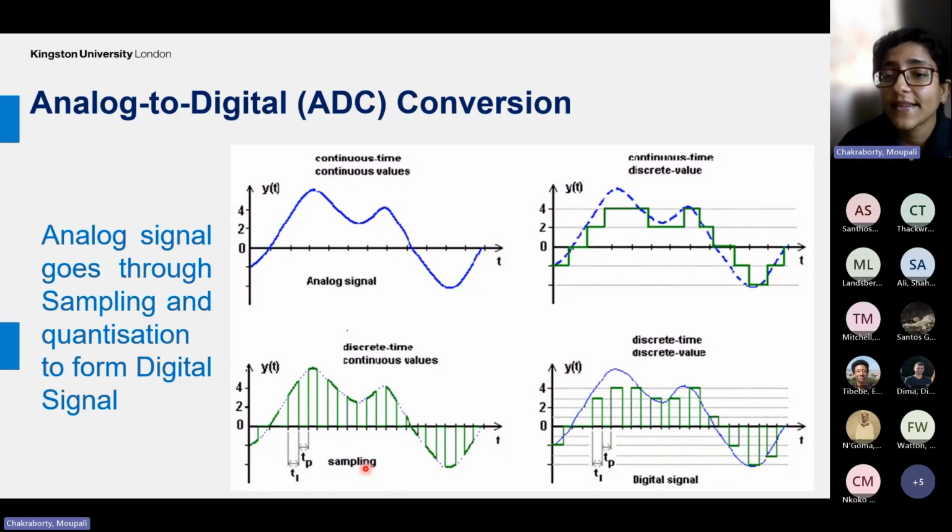And what is the second step? In the second step, you take this analog signal and divide the voltage, meaning dividing the dependent variable. Here the dependent variable is the amplitude. So you are dividing the dependent variable from continuous to discrete value. Here the independent variable is broken from continuous to discrete.